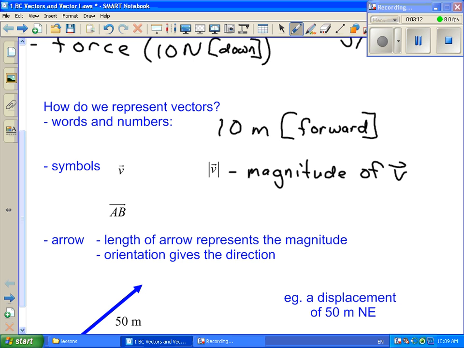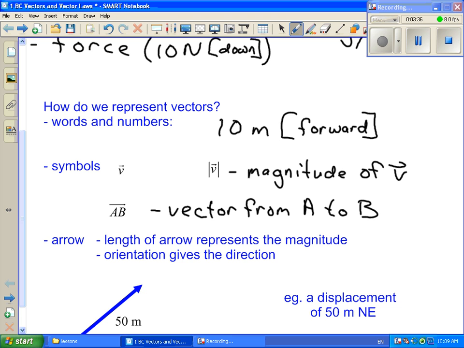You'll also see this notation, AB with an arrow above it. The arrow indicates that this is a vector, the vector from A to B, where A and B are probably points labeled on some diagram.